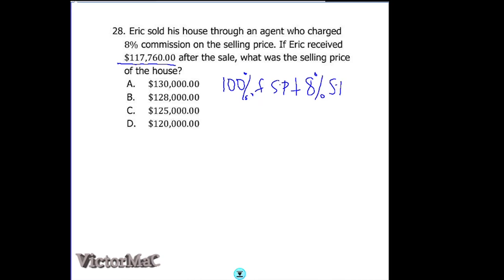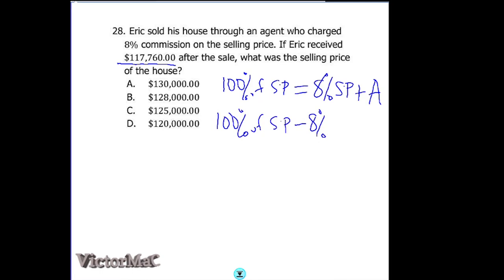We simply have to just do this, right? 8% of the selling price plus the amount that Eric received. In other words, what I'm trying to say is that 100% of the selling price, you subtract 8% of this selling price, then you get the amount that Eric received, because it's a deduction. The agent charged 8% of that selling price.